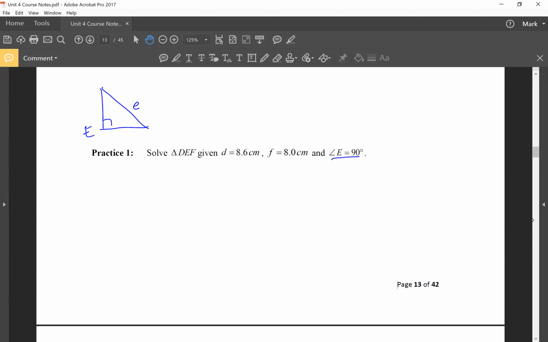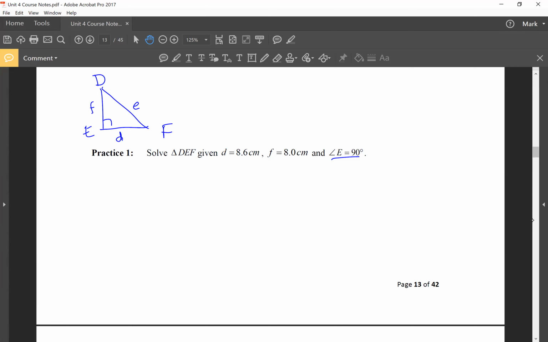Now, it really doesn't matter where I put D and F. A, B, C, D, E, F. I'll go this way, which means D is here and F is here. If you put F or D somewhere else, it doesn't matter. All that matters is that your E is in the same place as mine. Everything else, no problem.